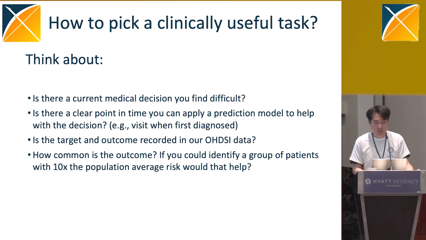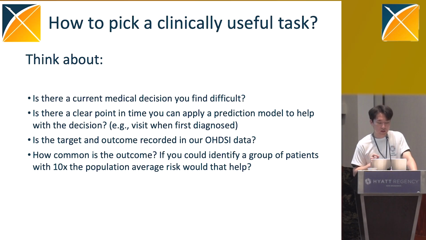All of these questions and curiosities about the clinical prediction models mentioned before can be taken a step further by adding another layer. So how do we choose something that is really clinically meaningful?